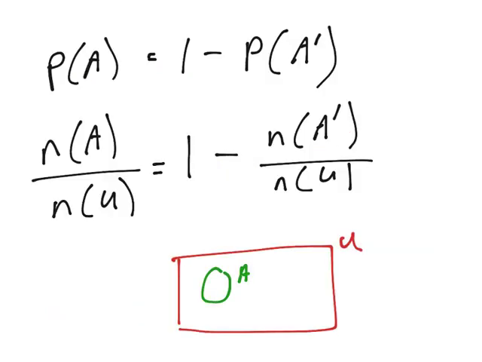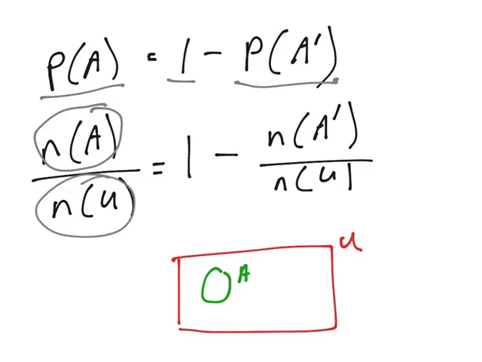Look at the first one. So probability of A equals 1 minus probability of not A. Well, we can think of that as being the number of ways we get A over the total number of ways. That's equaling 1 minus the number of not A ways over the total ways. And we can rewrite 1, of course, as a fraction.